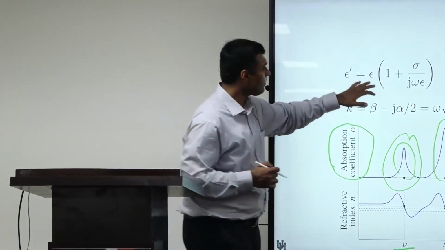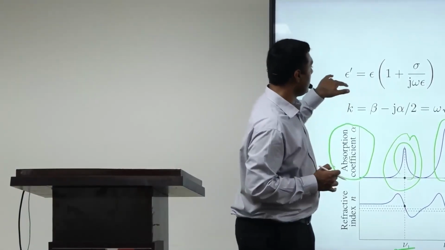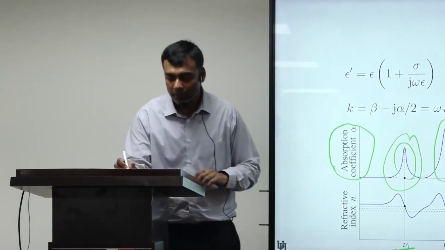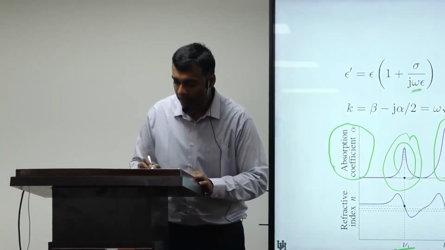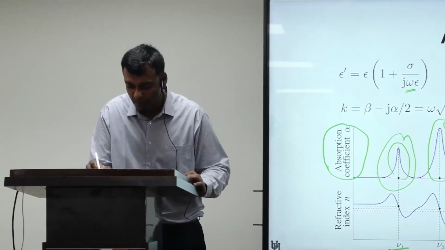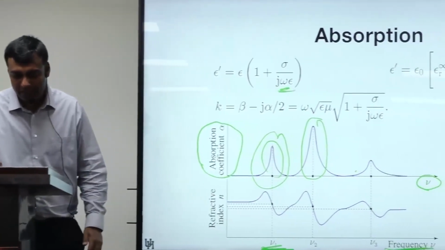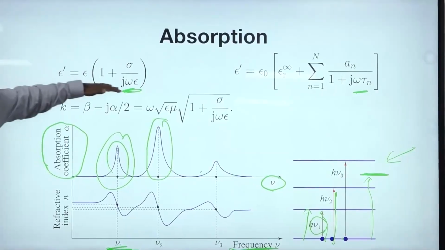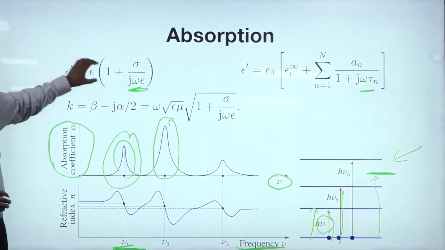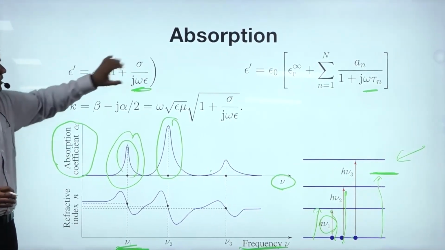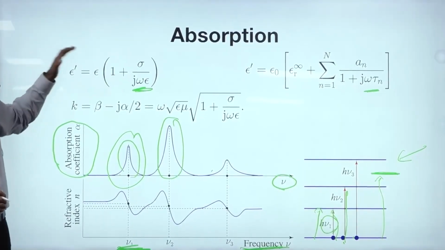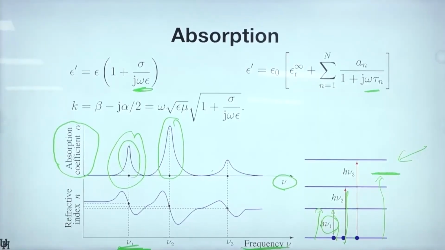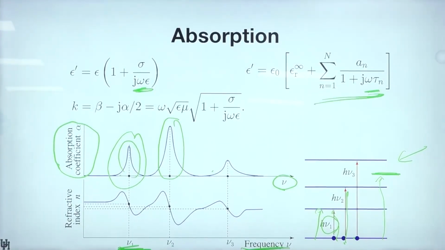And so typically you write epsilon, the material dielectric constant, at a certain frequency. Any one absorption peak can be given by this kind of equation for the dielectric constant. If you have multiple absorption peaks, each of them can be added together as a sequence.